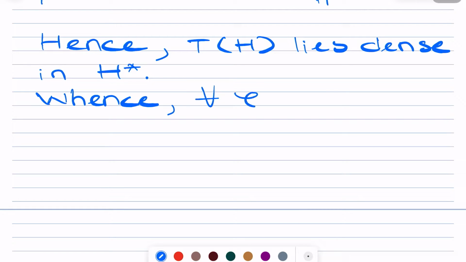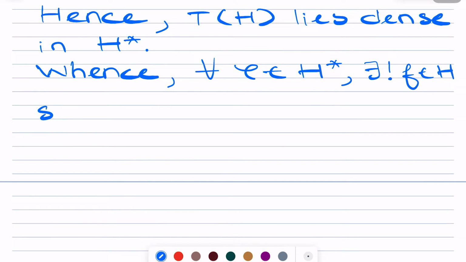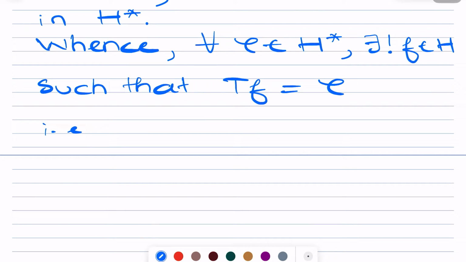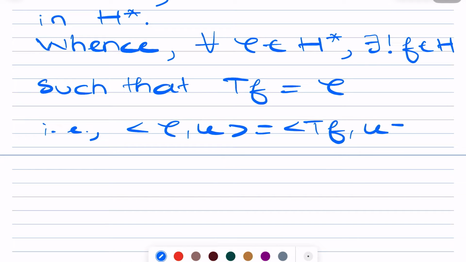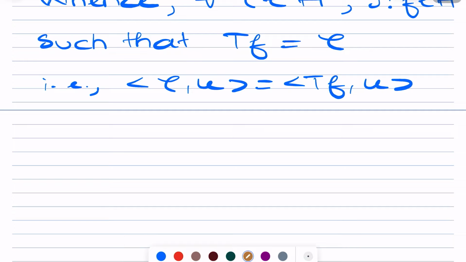Hence, for every phi in H star there exists a unique f in H such that Tf equals phi. This means they agree pointwise, so this dual pairing is equal to this dual pairing, but remember, this was defined to be the scalar product of f and u.